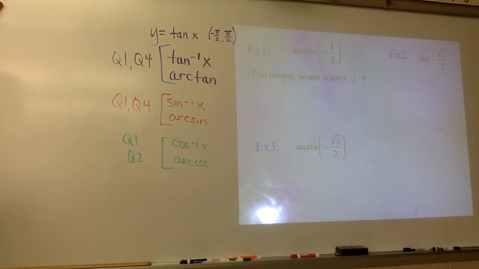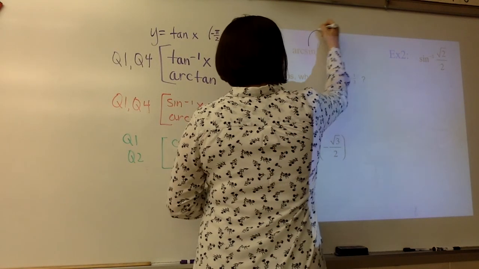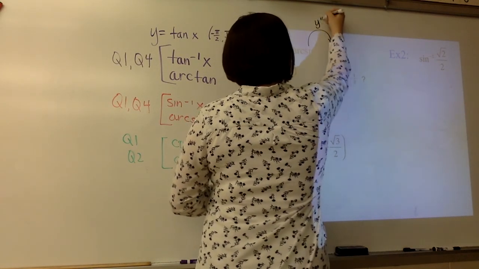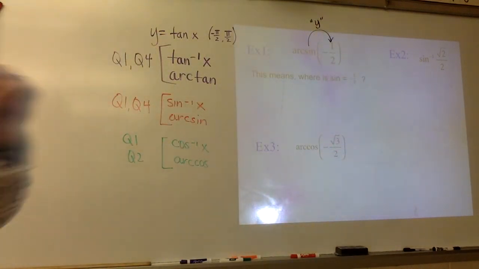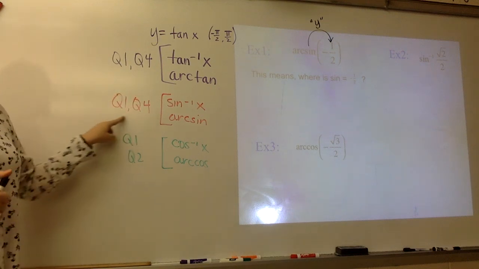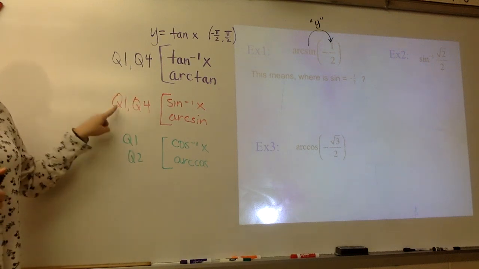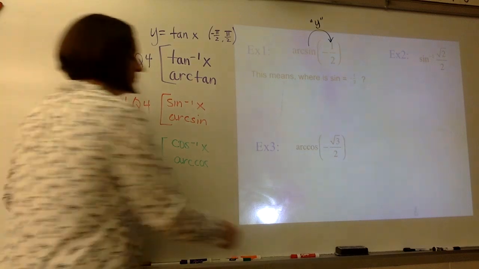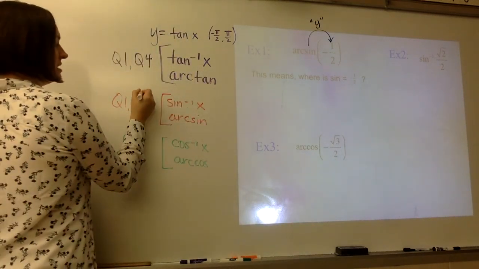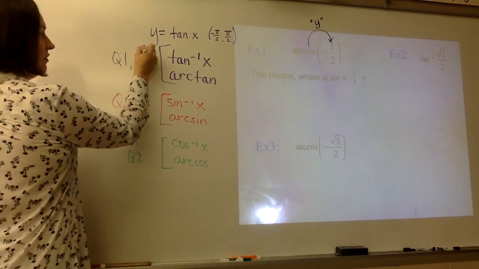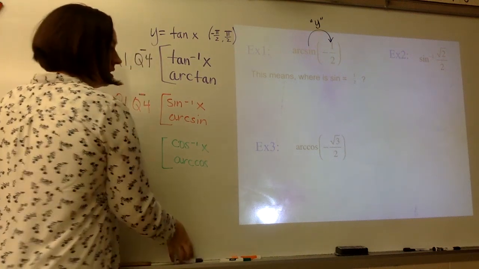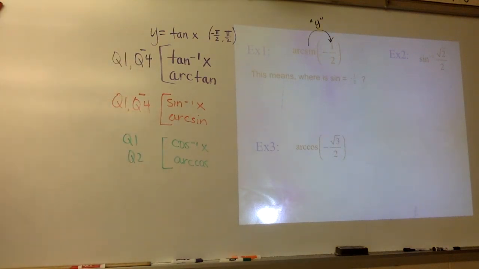What that means is that I want to know where I have a y value that is -1/2, but I have to do it in this interval between quadrant 1, and I'm actually going to make this a little bit cheesier and say negative quadrant 4, or negative quadrant 4 for tangent. Because remember, we open downward into the negatives according to our definition of the inverses. So where do I have a sine that is -1/2?